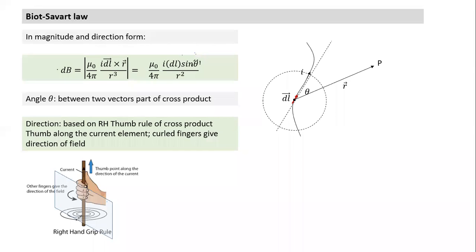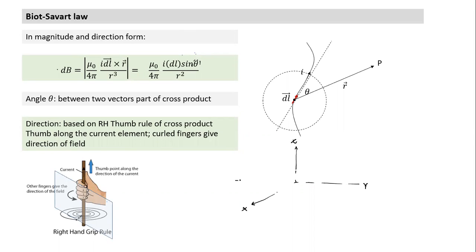One more way we can understand this is something like this. Suppose we take all three axes: this is the x-axis, y-axis, z-axis.